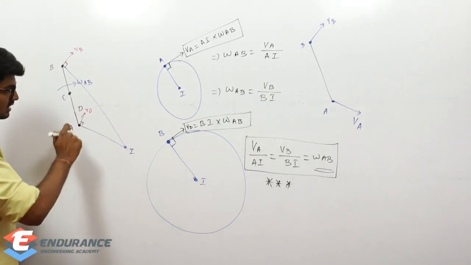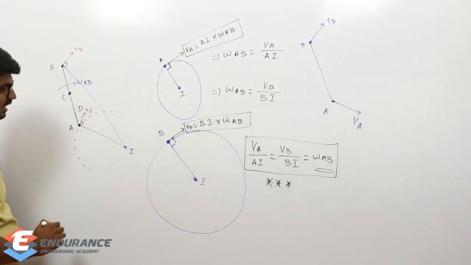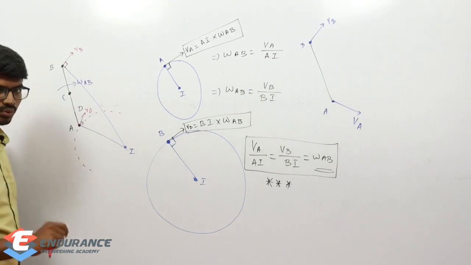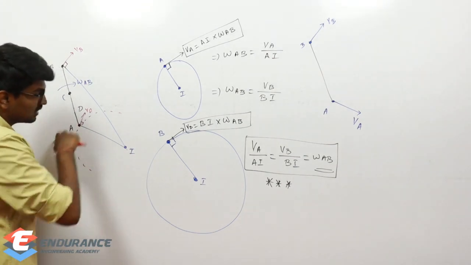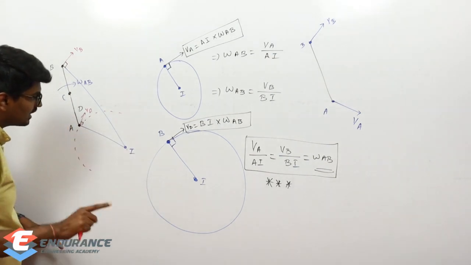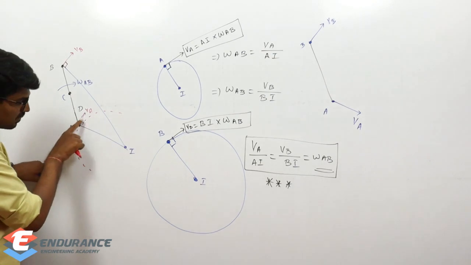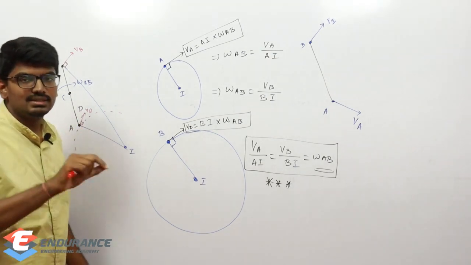Why? Because that velocity will be tangential. If I draw a circle like this, then only it will be tangential. So the velocity will be tangential to the circle I draw, taking I as center, if and only if this velocity is perpendicular to the line joining that point and the I center.